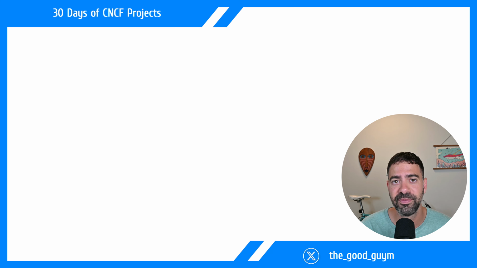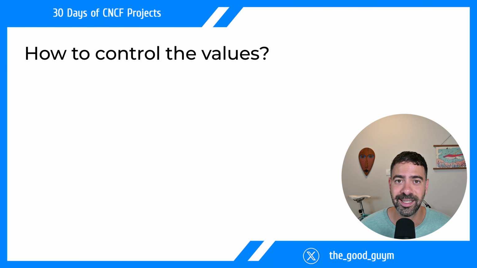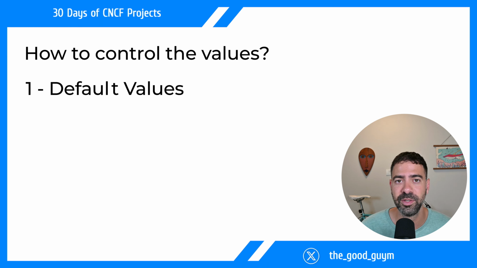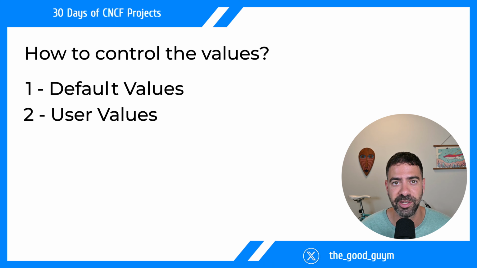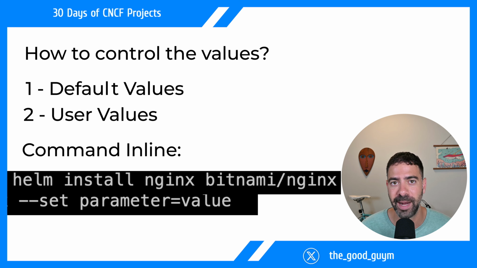We can provide values to the Helm chart in three ways. One, there are the default values. Those are the ones that you would see installed by default when you install the chart without changing any parameters. We do have a way to supply user values in two ways. One, we can add them into the command line when we do helm install or helm upgrade. We can set the values and change them based on how we want the third party or the package to behave.